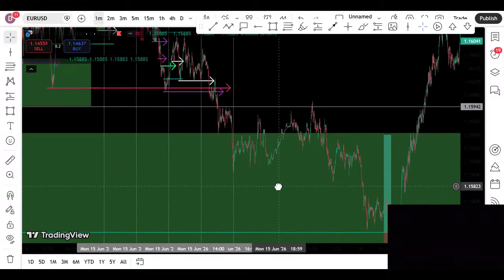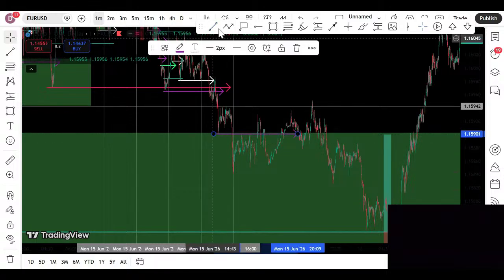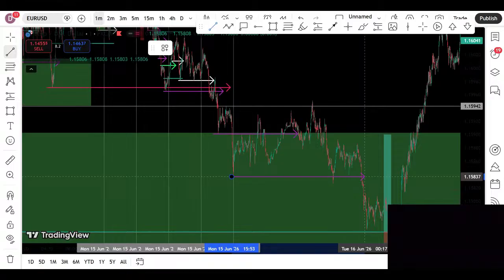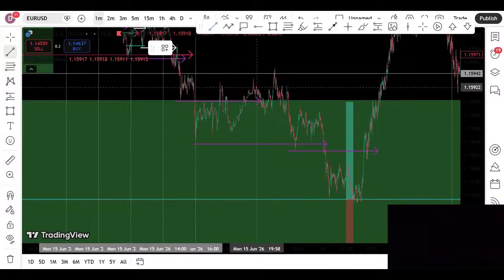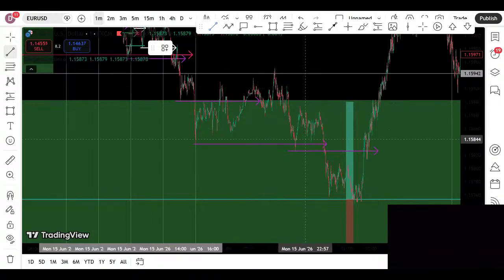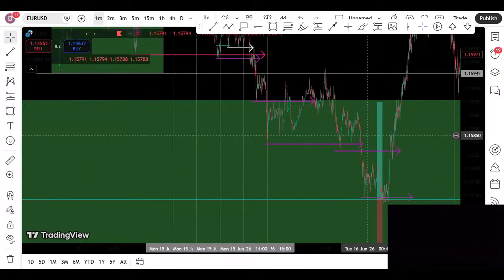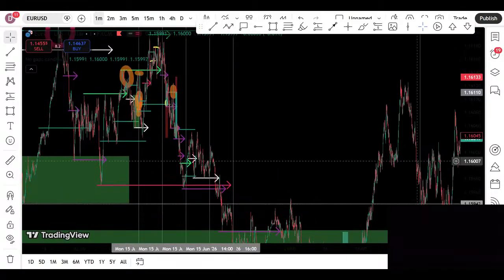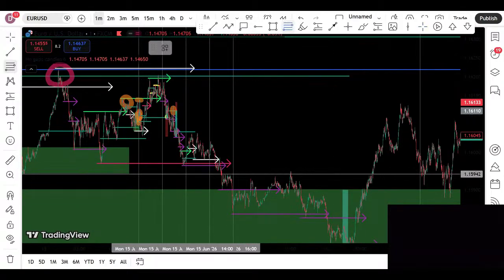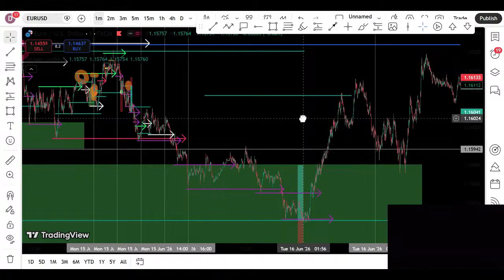See. Now price is coming down nicely, forming swings. So how do you know that, yeah, swing here left hand mitigated?